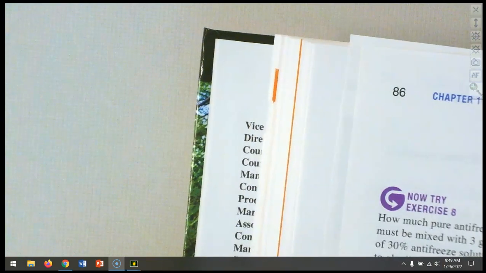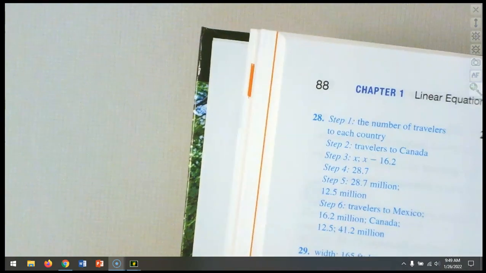And there's many different types of applications in 1.3, and I'm going to try and do several of each type. So let's now go ahead and just look at a couple of these. And we'll start with just making sure we understand the terminology.